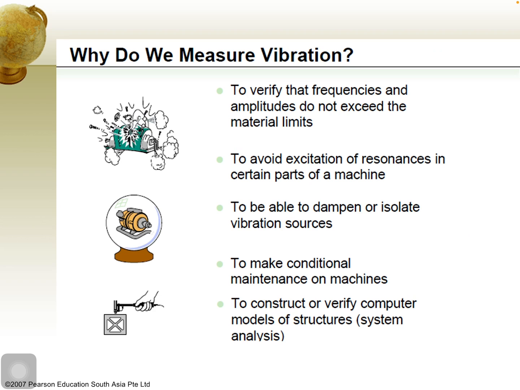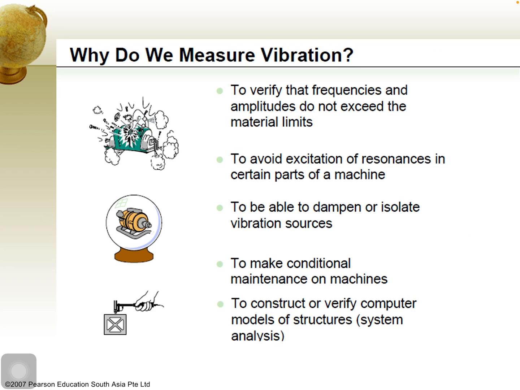Now the third one is to be able to dampen or isolate vibration sources. So yes, we measure vibration because we want to eliminate the vibration. Sometimes vibration is useful, but most of the time we want to control the vibration, either to remove it or to dampen it. The first one is to do condition-based maintenance on machines.